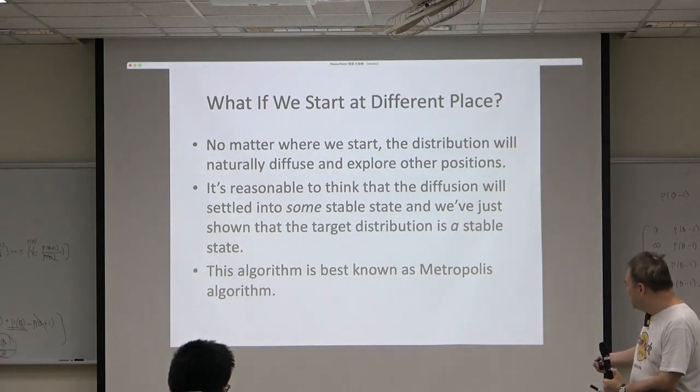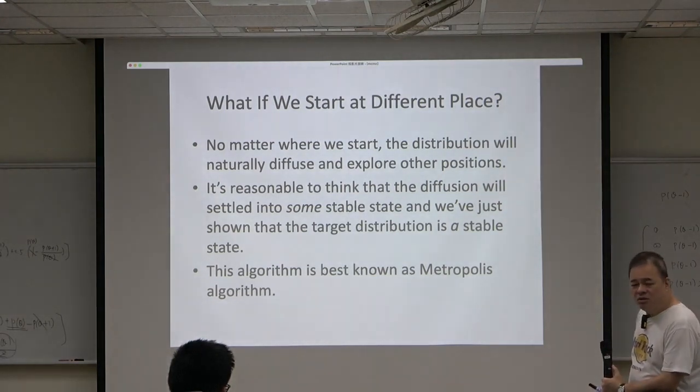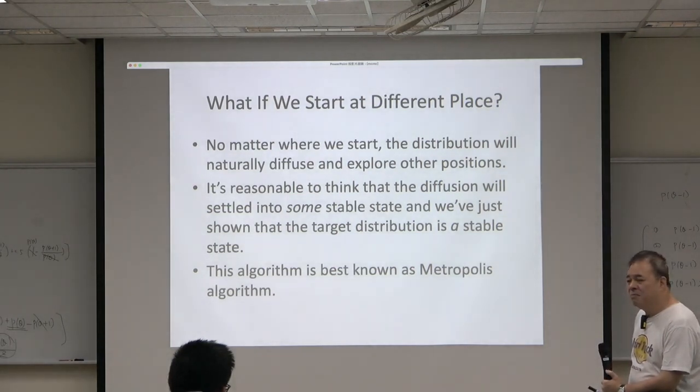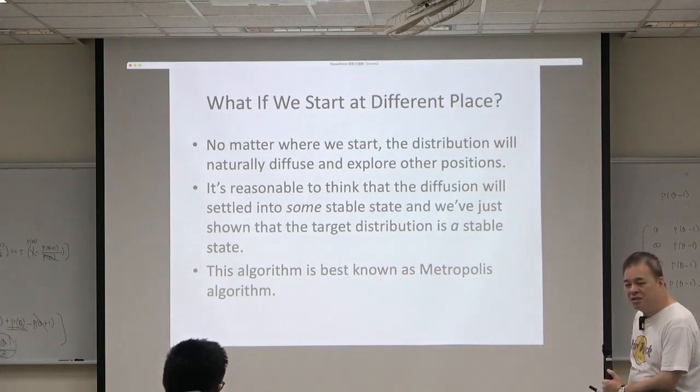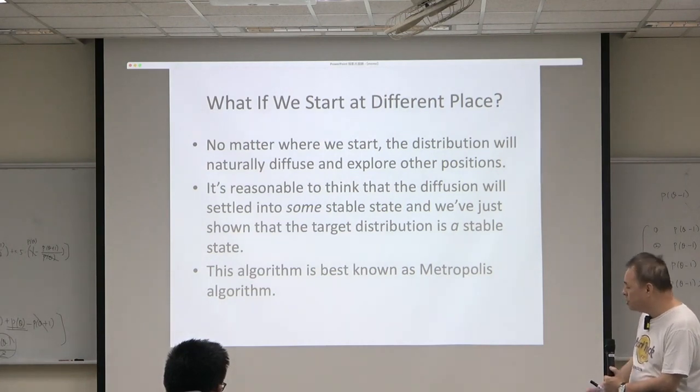If you know English, you will know Metropolis means a big city. But here it really just means somebody's name. It just happened to be his name. This algorithm has nothing to do with a big city.